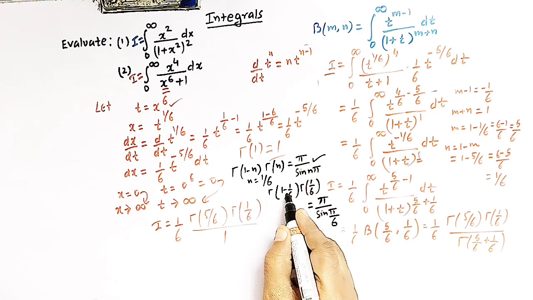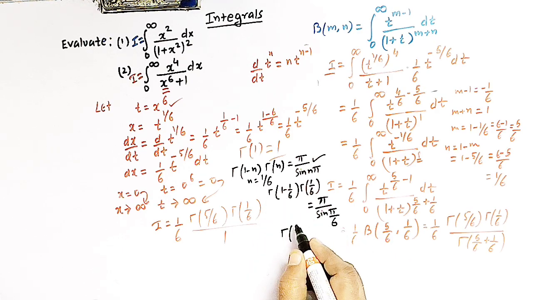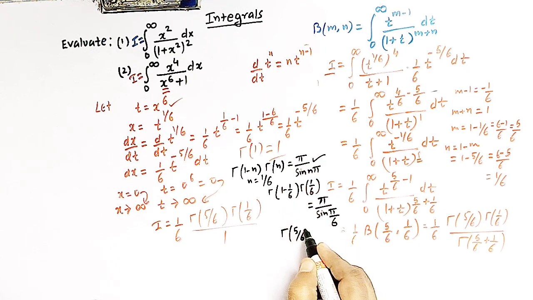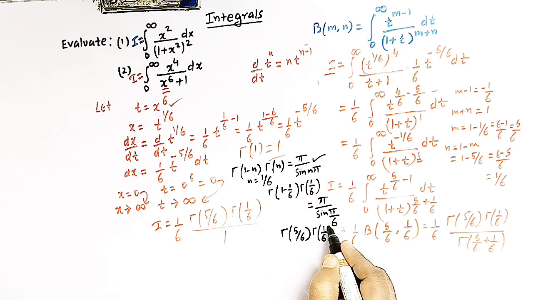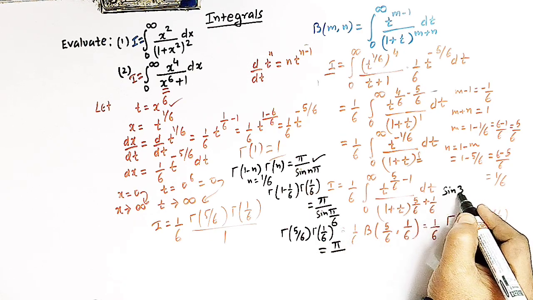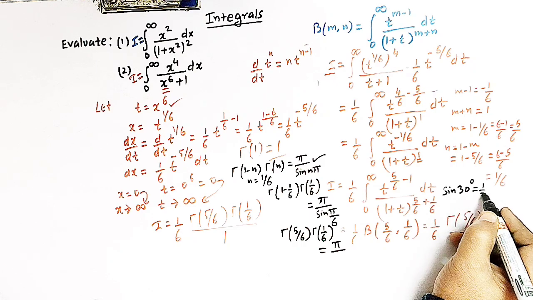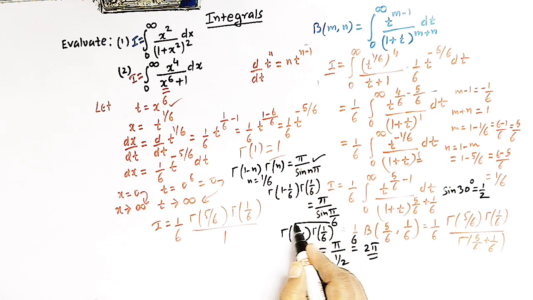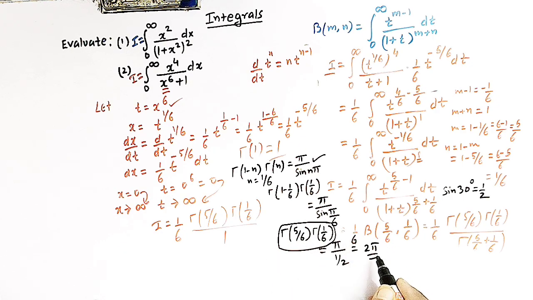So gamma 1 minus 1 over 6 is gamma 6 minus 1, that is 5 over 6, then we have gamma 1 over 6, and this is equal to pi divided by sine pi by 6. Now sine pi by 6 is sine 30 degrees, that is equal to half, right? So here we have half, taking this half to the numerator, we have 2 pi. So this product, that is gamma 5 over 6 times gamma 1 over 6, is 2 pi.